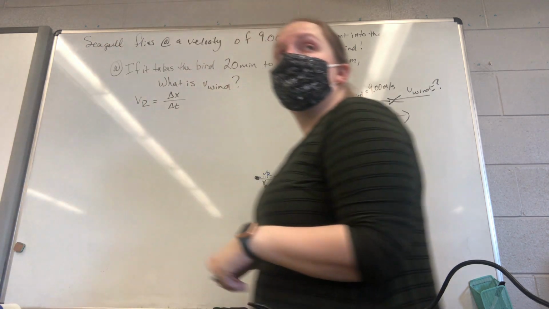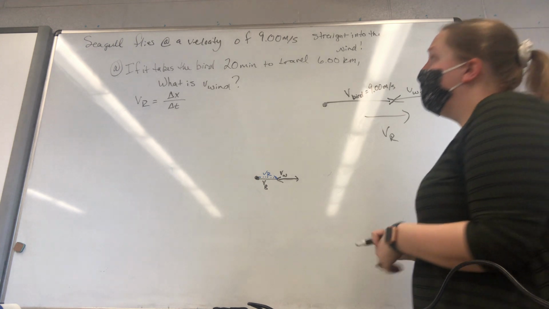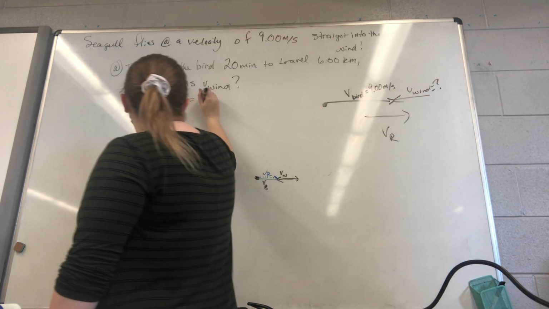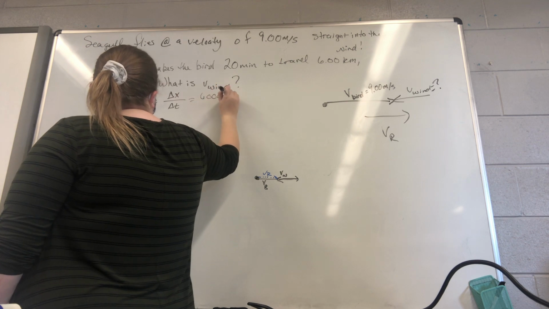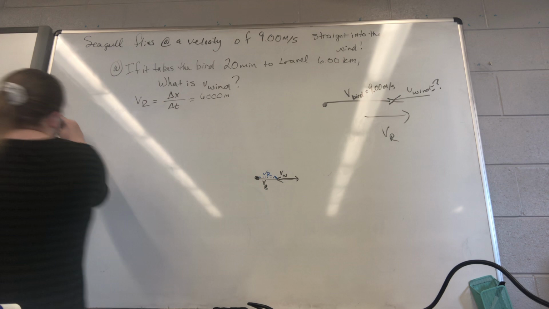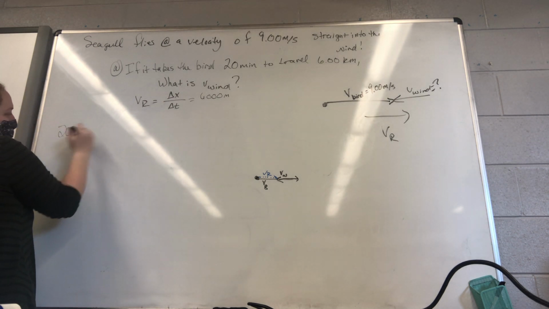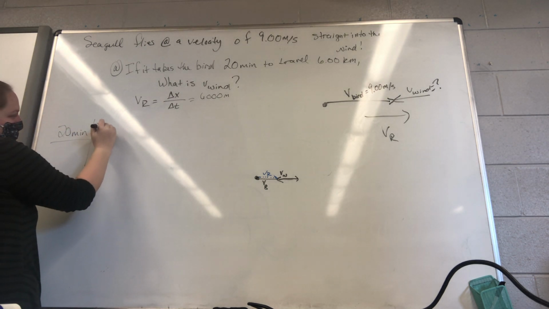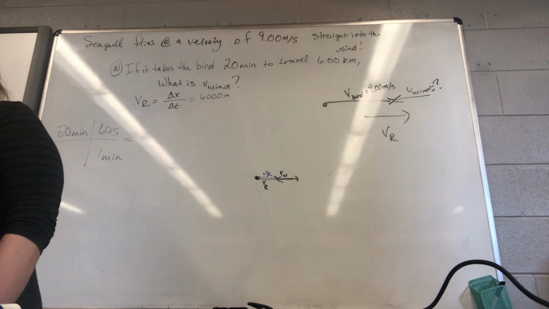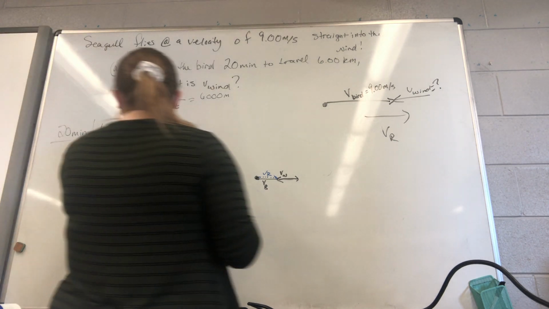A velocity is just a change in displacement over time. His displacement is 6 kilometers, which is 6,000 meters. 20 minutes in seconds is what? We want to get it into seconds. 20 times 60.